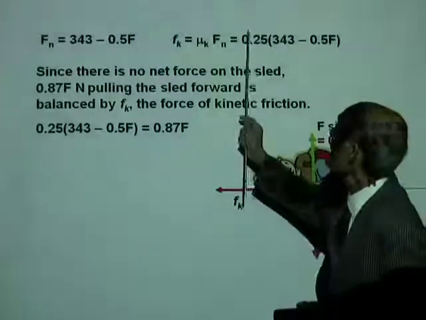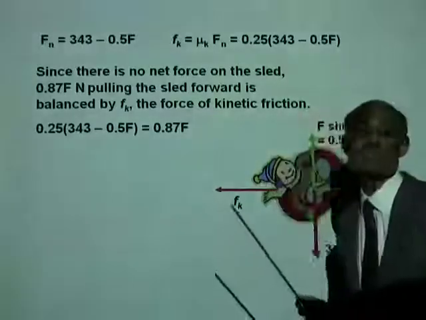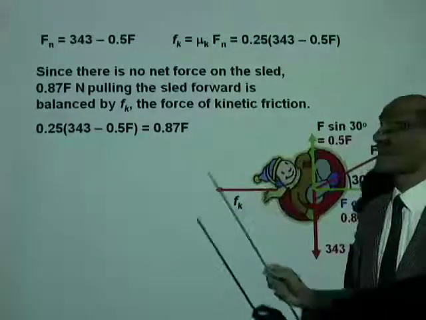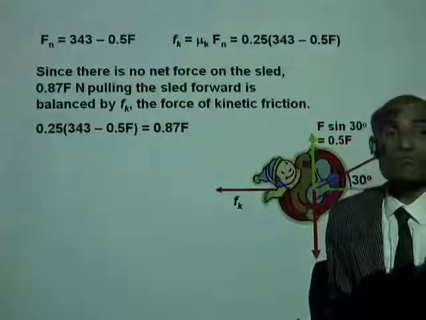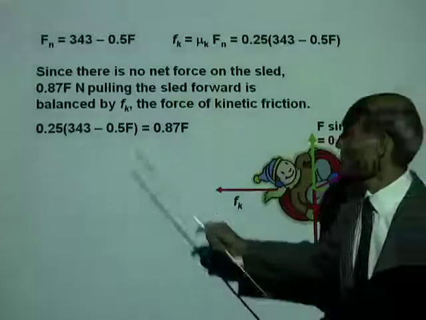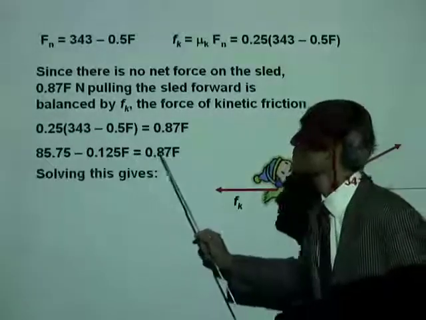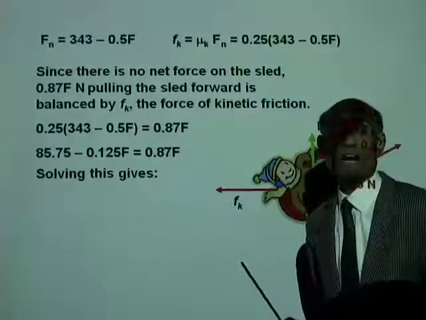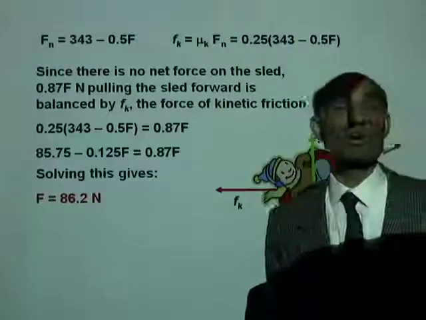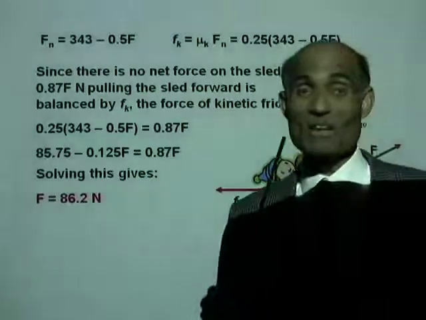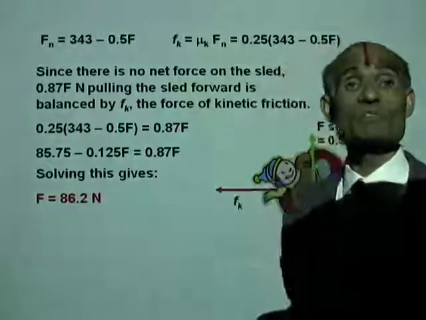So I can now take this quantity Fk and set it equal to 0.87 F, and you can see we got an equation that contains only one variable, that is F. Solve for F, distribute and combine the terms in F and solve. You get F equal to 86.2 Newton. The force applied by the father is now 86.2 Newton.